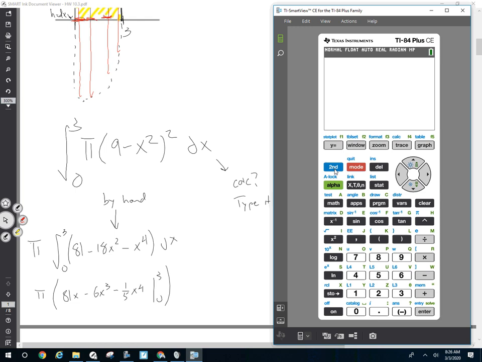So either we have the pi, so I go math 9, 0 to 3, pi, and then 9 minus x squared, quantity being squared, dx.